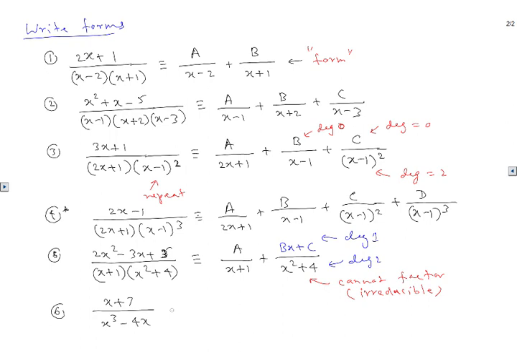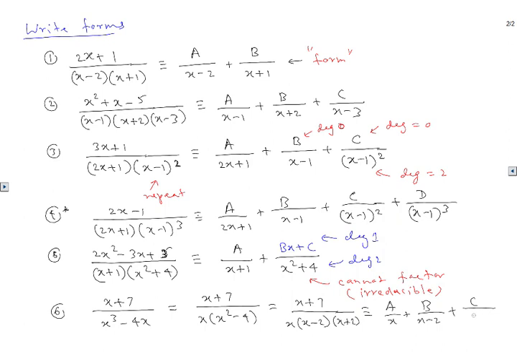You can take x out, and then you get x squared minus 4, and you can factor this again. So you get x times x minus 2 times x plus 2. Now we can start writing the terms. It is A over x, and then B over x minus 2, and then C over x plus 2. So this is the form for this one.